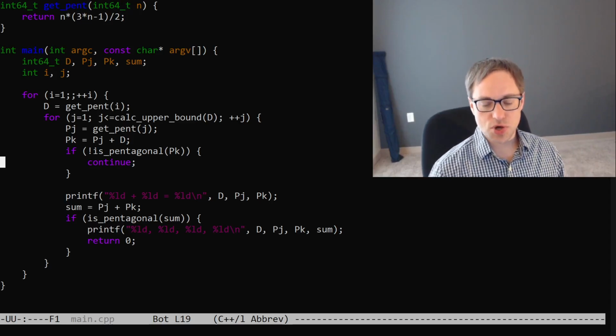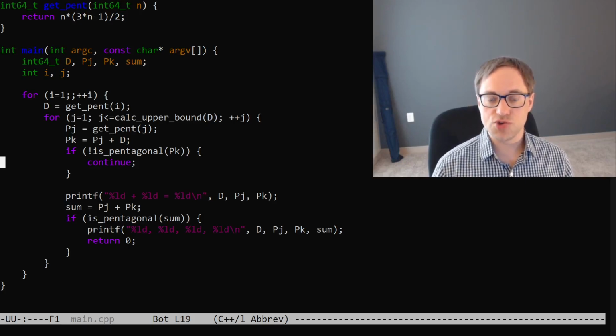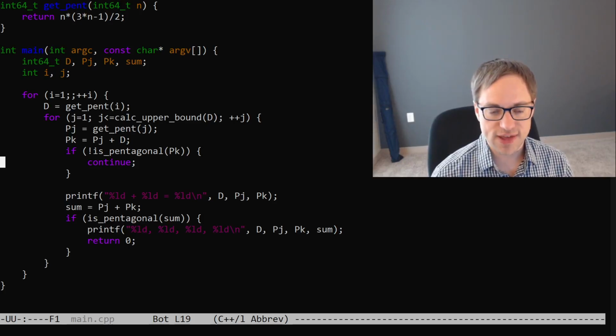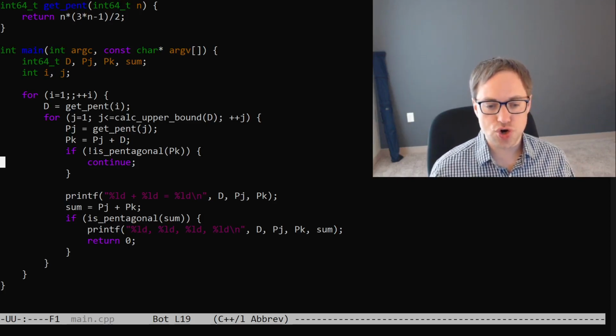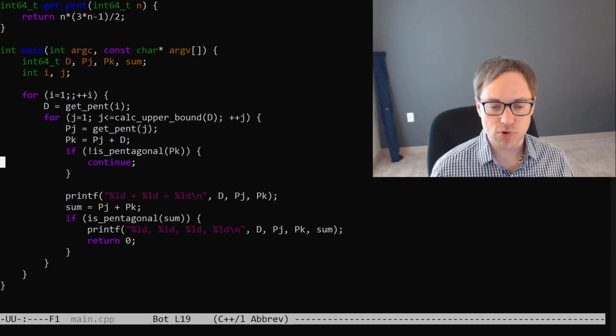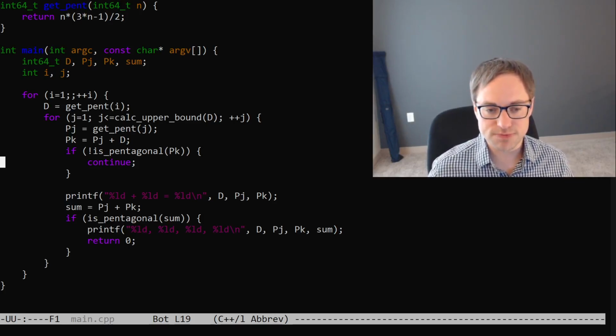Okay, so I think you'll understand what I meant in the intro when I said that this algorithm isn't obviously bad. Sure, it's a brute force approach, but that's quite common of Project Euler problems.